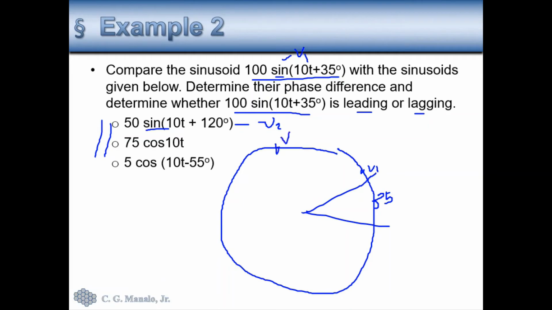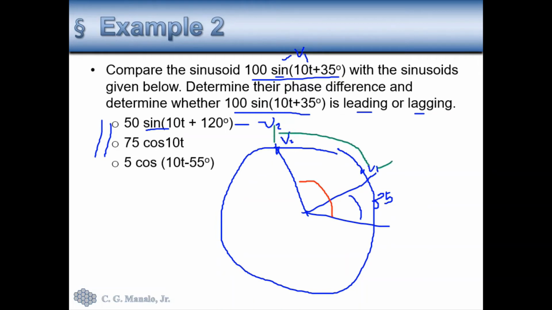So this is v sub 2, and this is 120 degrees, and this one is 35. And the difference would be this one.